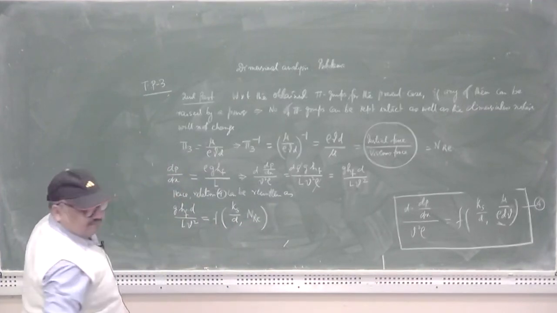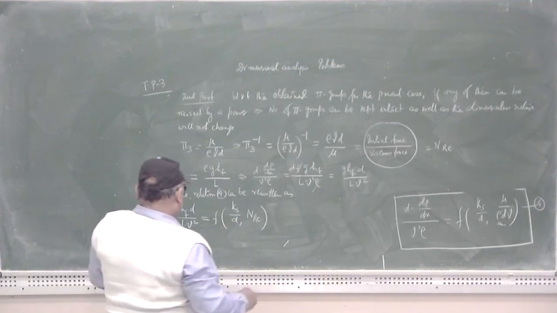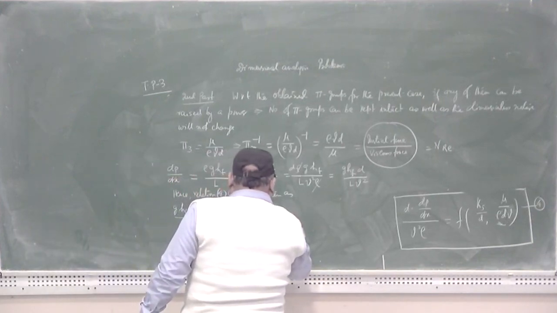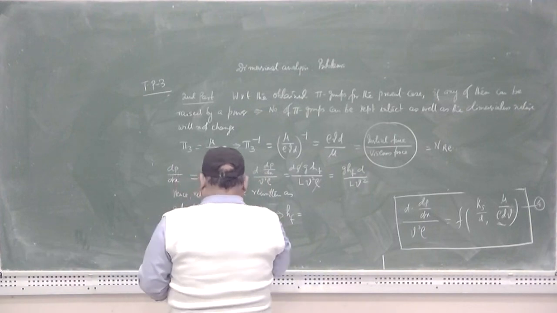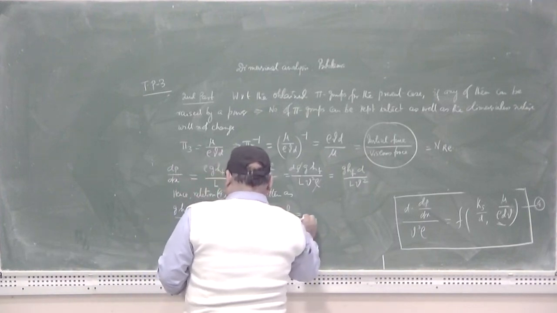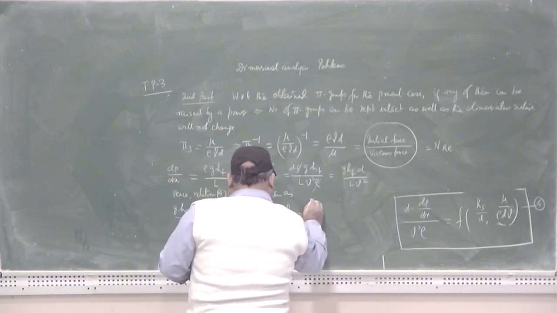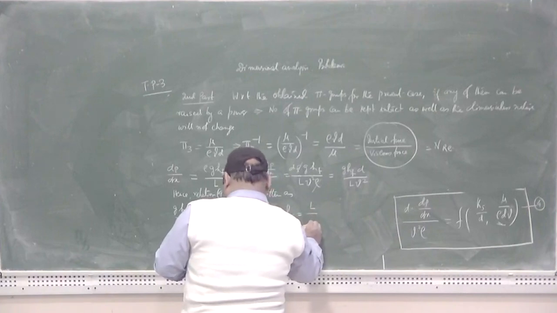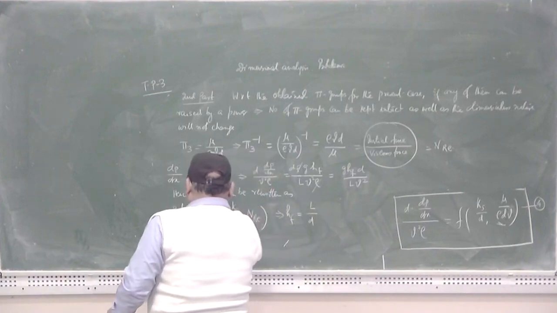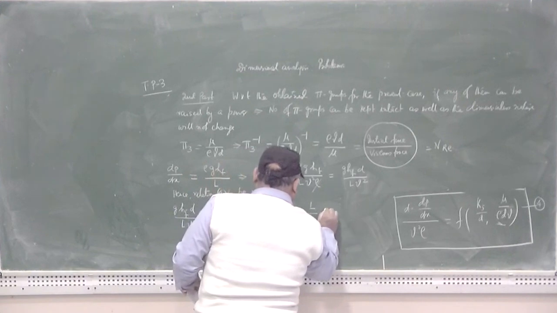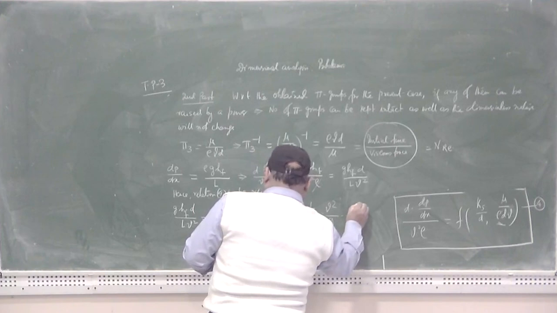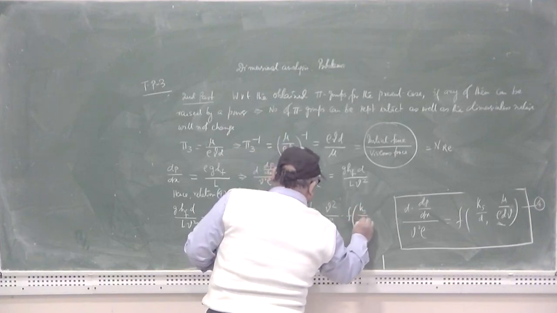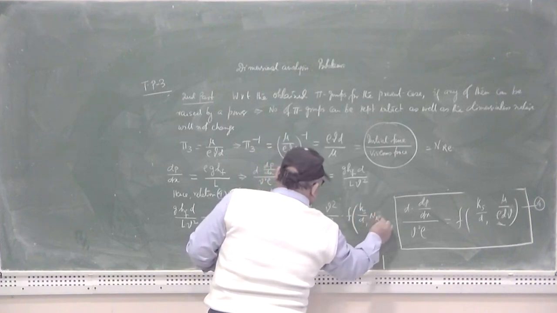So the expression for hf may be given as hf is equal to L by d into v square by g into f of ks by d and Reynolds number.